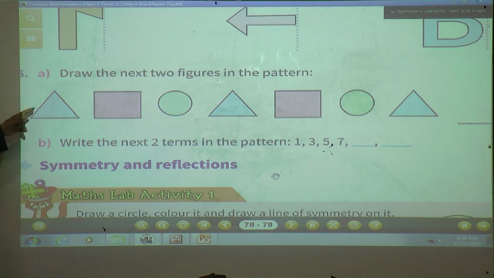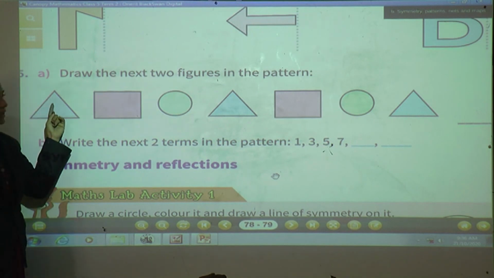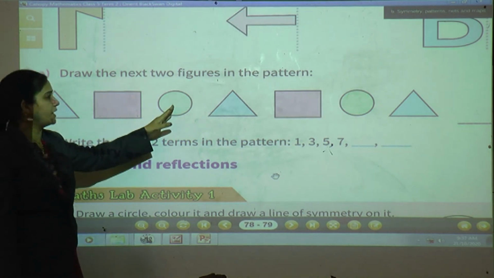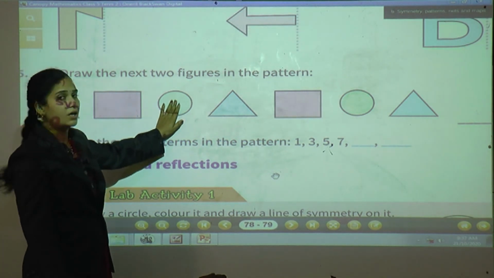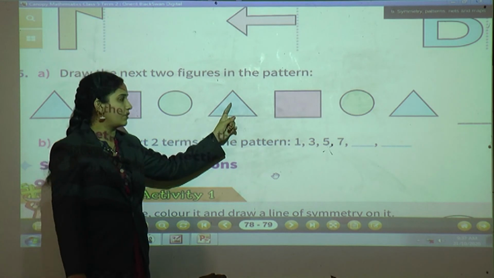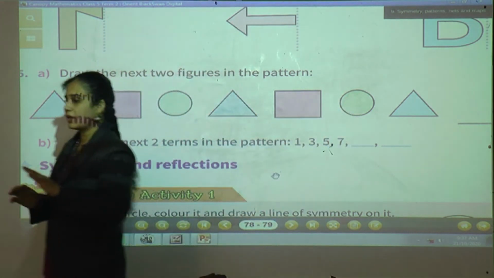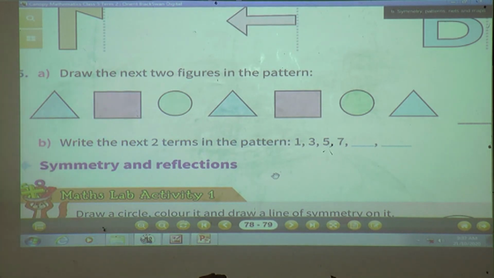First there is a triangle, then a rectangle, then a circle, again a triangle, rectangle and circle.